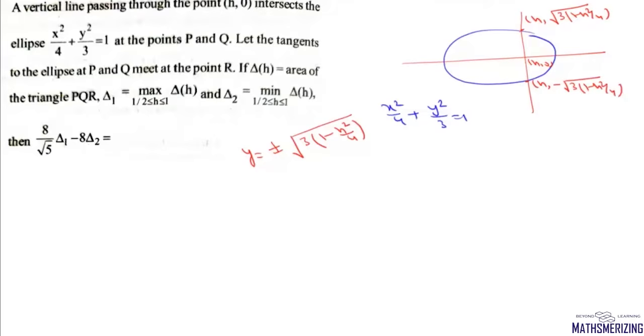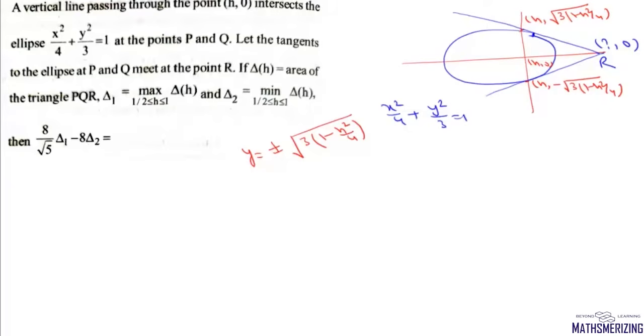Now it says we have drawn tangents at these two points. These two tangents meet at this point R. So from symmetry we know that this point of intersection will lie on the x-axis. We need to find the x coordinate for this point of intersection since the y coordinate is already 0. Now what we'll do is write the equation of the tangent at this point.